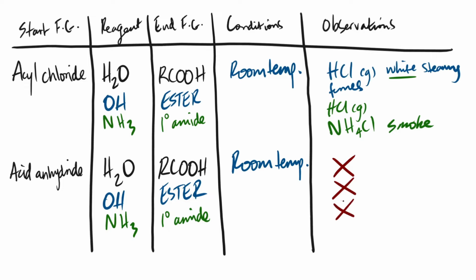It also doesn't have an observation for this reaction either. It's only going to be the acyl chlorides. And the reason for this, guys, is because we have a chloride ion present. That's going to form one of these products here, given off, and it's going to have an observation. With this guy, it's not a happy guy, no chloride ion present, so we don't get an observation. And as we covered in the spec, you need to know the structure of an amide, so I'll go over that shortly after this section.